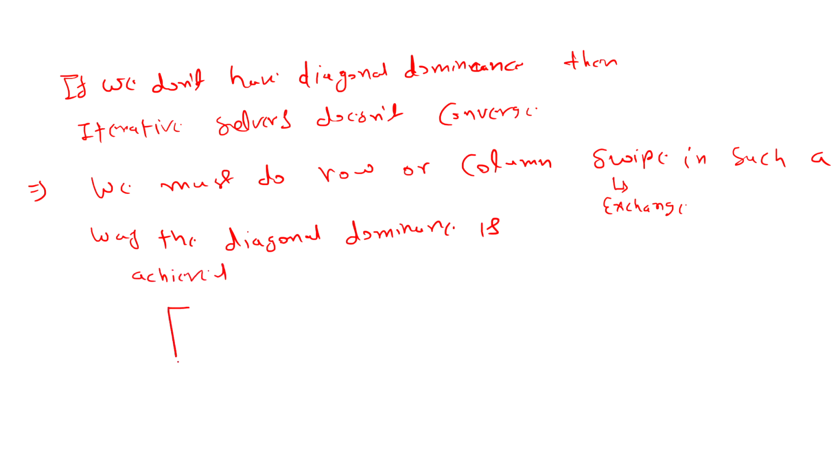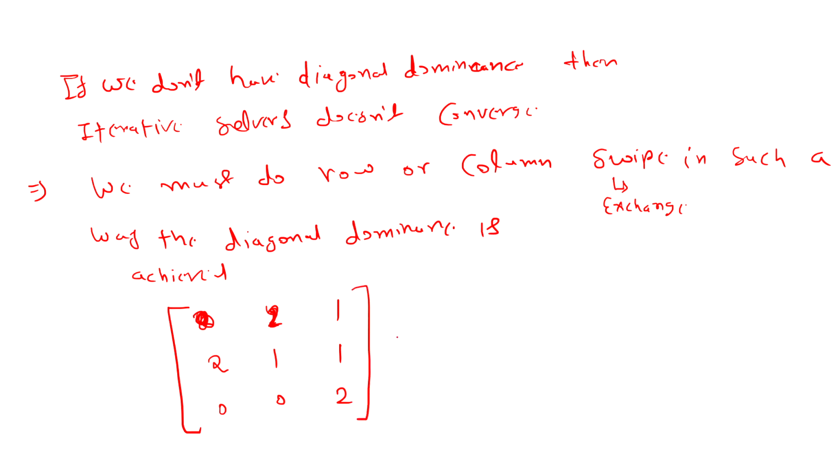So suppose this is my matrix: 2 0 1, then 2 1 1, and then 0 2 1, 2 1 1, and then 0 0 2.